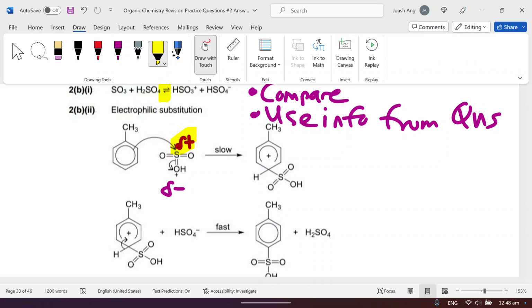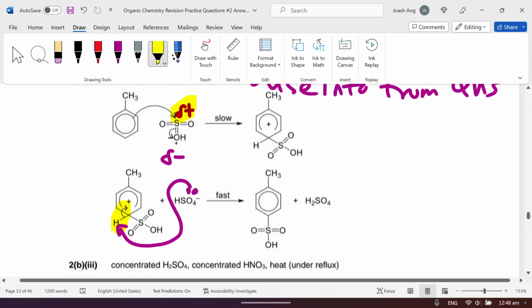And you can see the hydrogen cation is being pushed out. And what I mean by pushed out, actually a better answer I would say is you use the lone pairs on the oxygen of HSO4- and you gain the proton so that you form the final product below, which is this one.